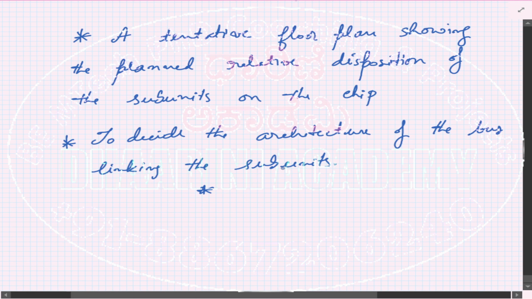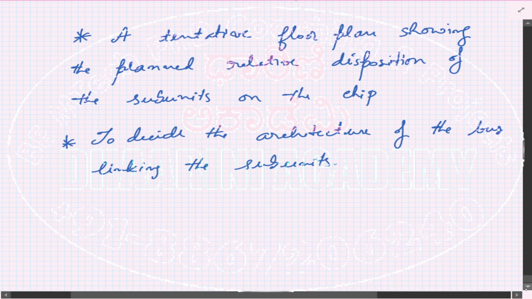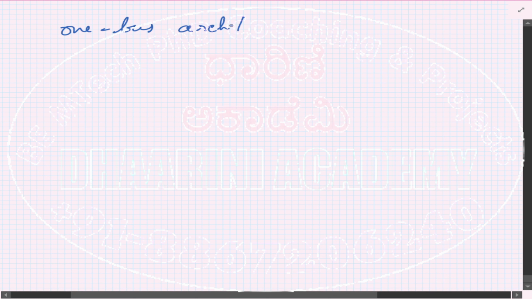The first option, I'll write it as a side heading so that we can write the block diagram corresponding to that. The first one is called one bus architecture. One bus architecture is the simplest one.